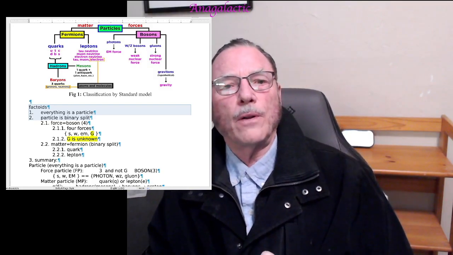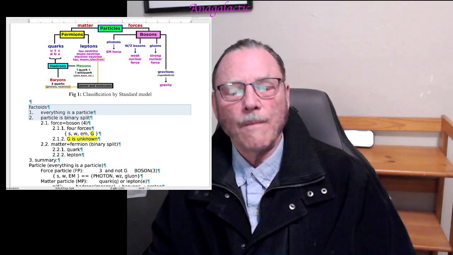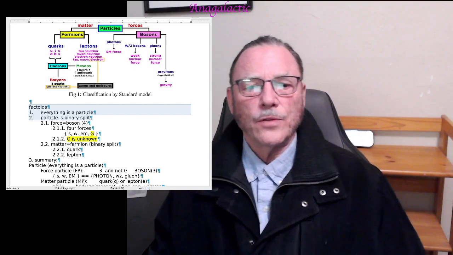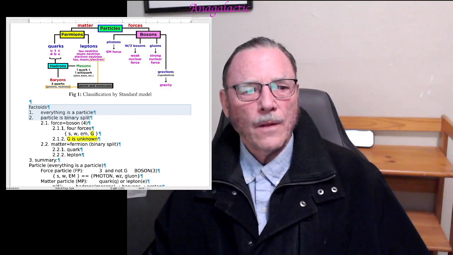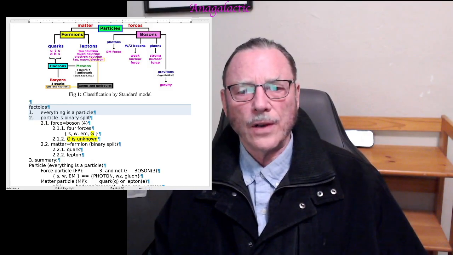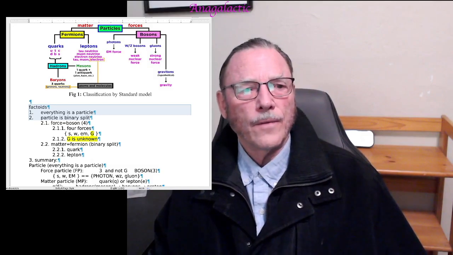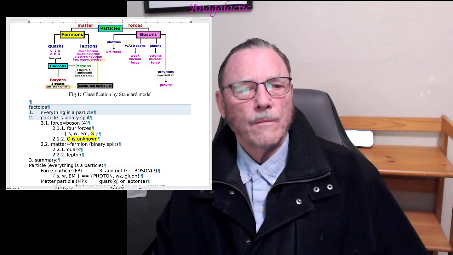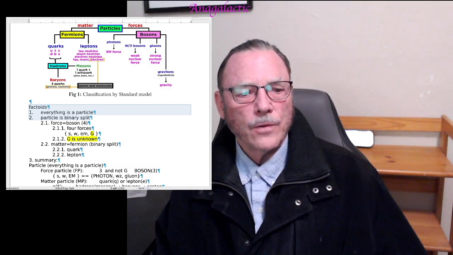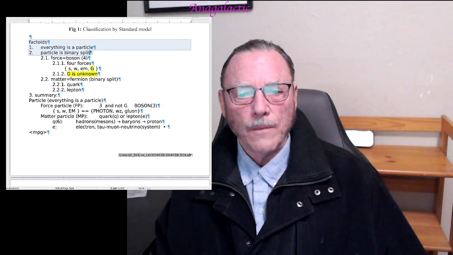But you'll see right below fermions, it says quarks and leptons. So this begins a new tree. It's the side of the tree that we need to understand better, having discarded completely the boson branch of the tree. So I'm going to switch over now and scroll up.